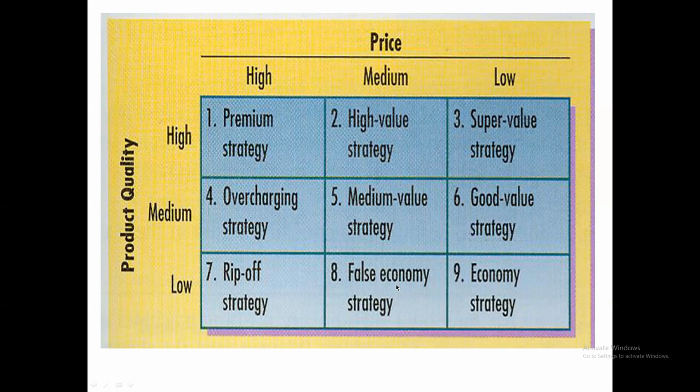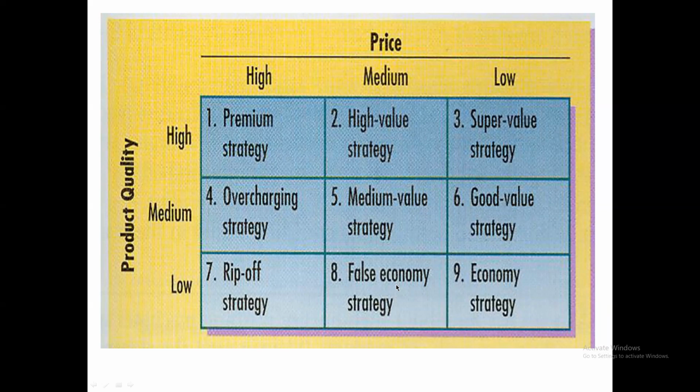Then we will look into product versus price strategy. There are 9 strategies by which we can set our price. At first, if the product quality is very high and the price is high, that is called the premium strategy.